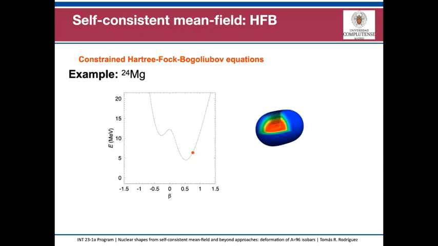Why do you have to use discrete values of the quadrupole or of the beta value? No, because you solve one equation per value of beta, so you can discretize this with a smaller step. Right, I understand, but you said that all other multipoles are just adjusted to how they want to be.